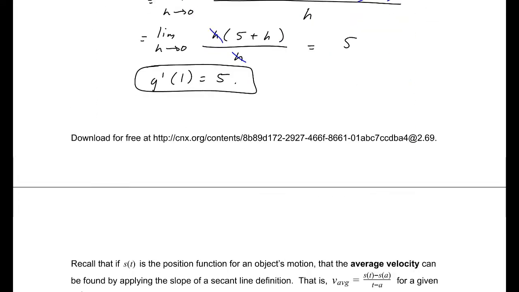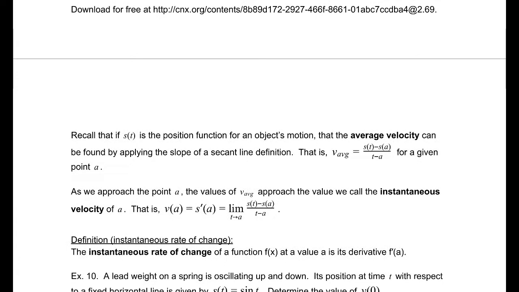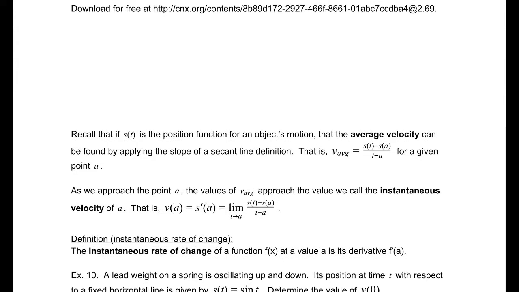All right. Now for some application. So recall that s of t is the position function for an object's motion. So the average velocity is found by using our secant line definition. That is, the average velocity is s of t minus s of a divided by t minus a for a given point a. Now as we approach the point a, the values of the average velocity approach the instantaneous velocity.